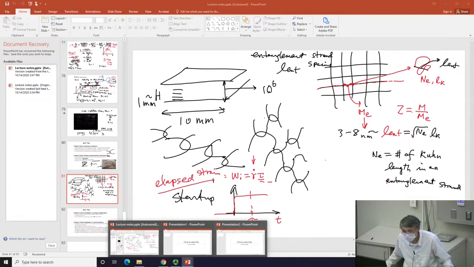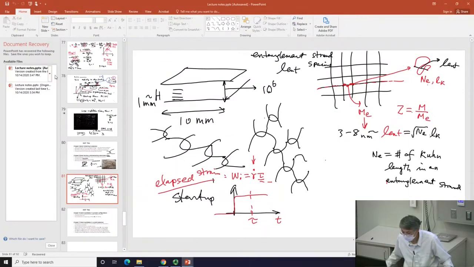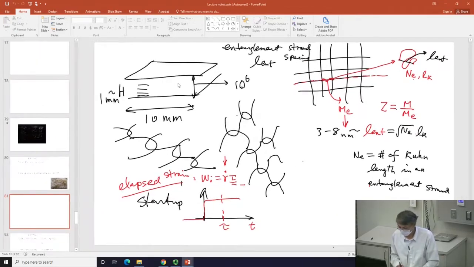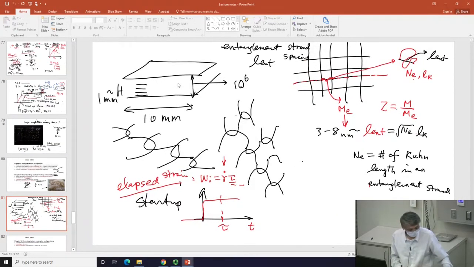It's trying to recover. I better try to save it. You see, a bunch of things are missing of what we said, but it does not matter. It's recorded. The computer is mad. I was merely trying to undo.